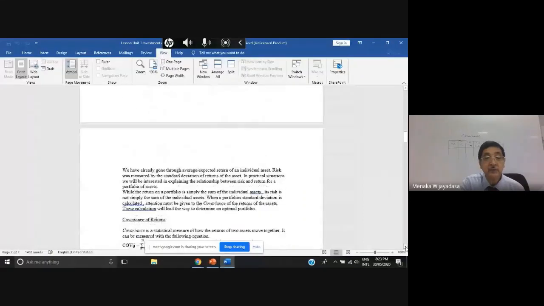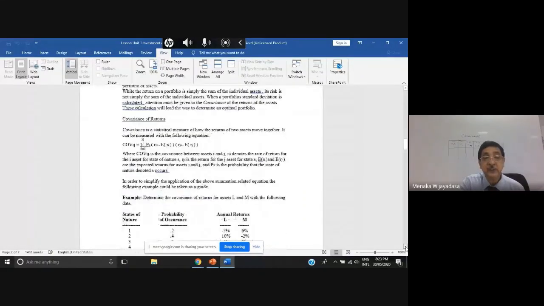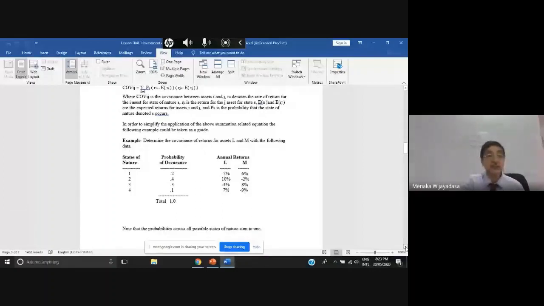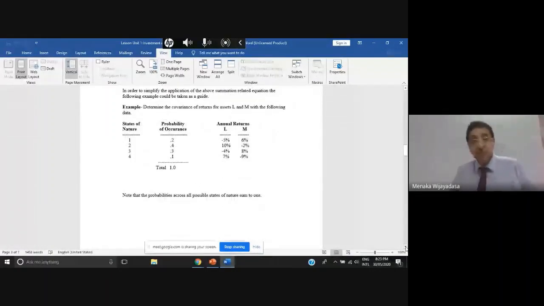Now this is the chart I just showed on the board, and there you see the annual returns of L and M, and states of nature are given as 1, 2, 3, and 4.